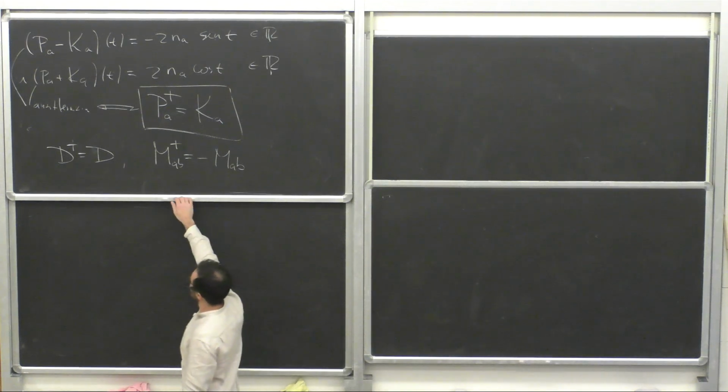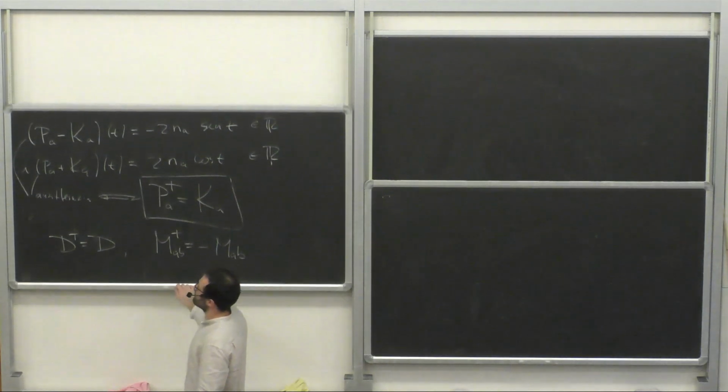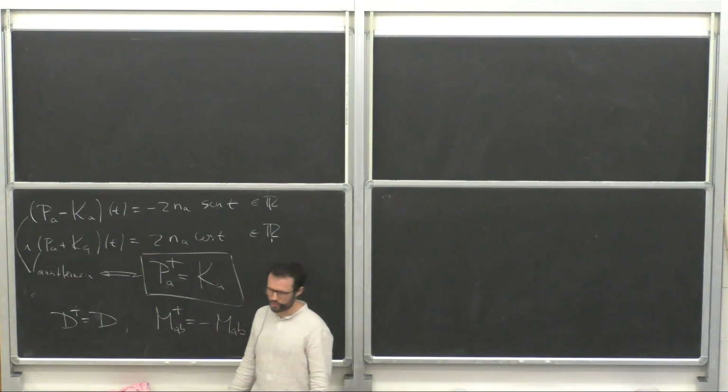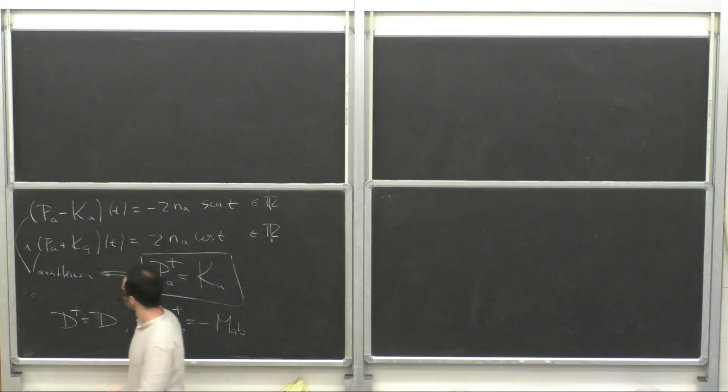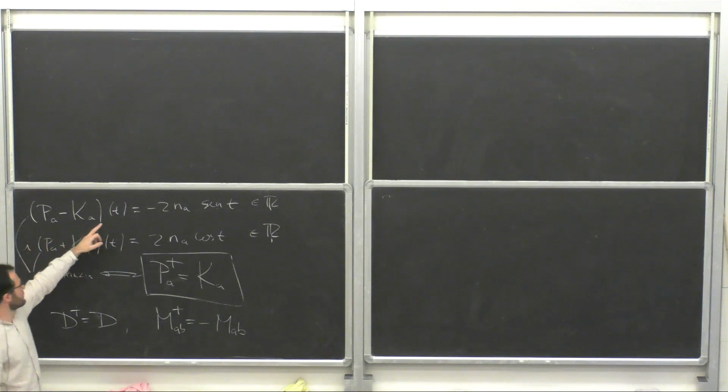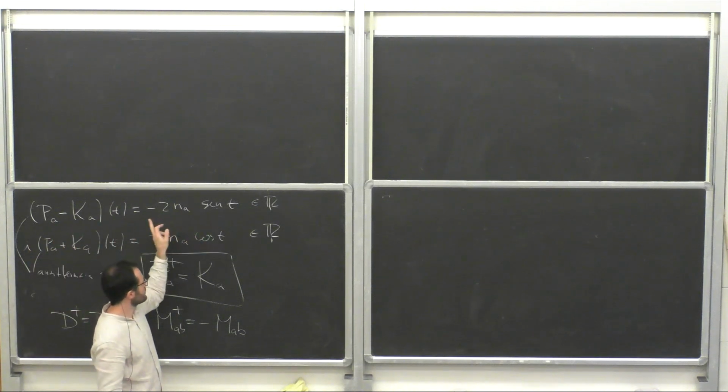So what was the logic? We were asking which geometric operations preserve the Lorentzian cylinder, because these would be the symmetries. We saw that P and K individually do not preserve the Lorentzian cylinder, but these linear combinations do, because when we act on time, you get something real.